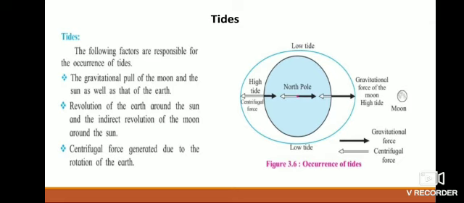Now, the moon is closer to the earth than the sun. Hence, its gravitational force becomes more effective than that of the sun. Therefore, tides are influenced more by the moon than the sun.